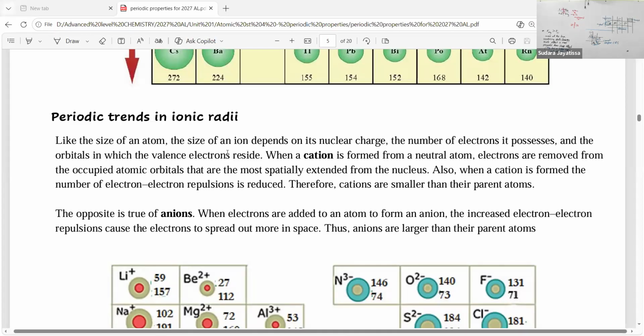Now that is clear. Why didn't we use electron-electron repulsion in atomic radius explanations? Because it was not affecting it. So with a pencil, write that.